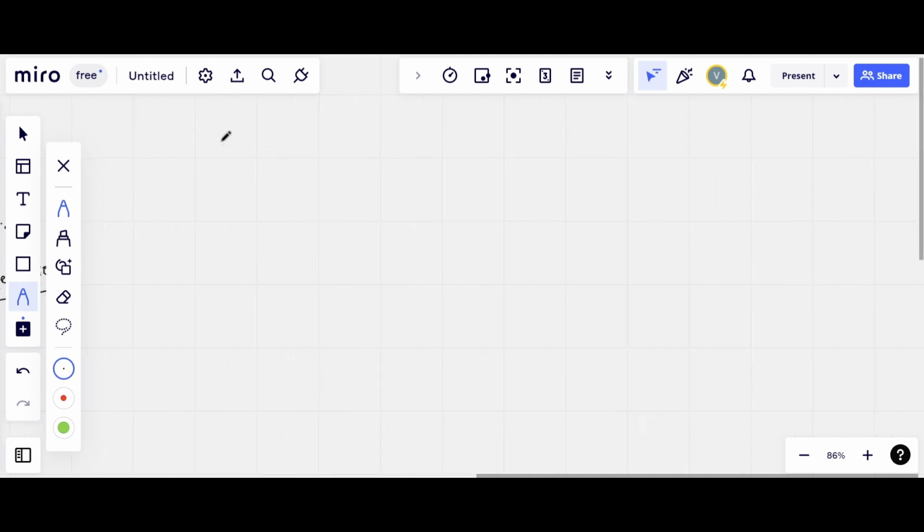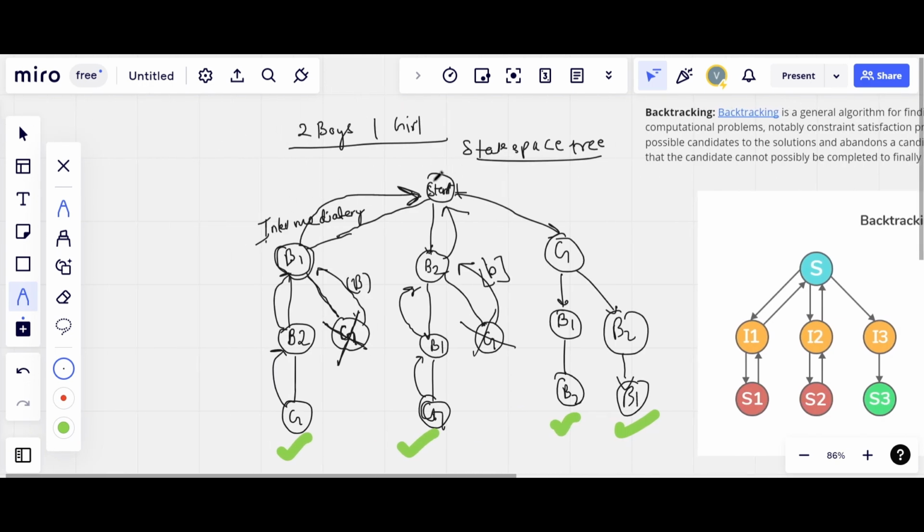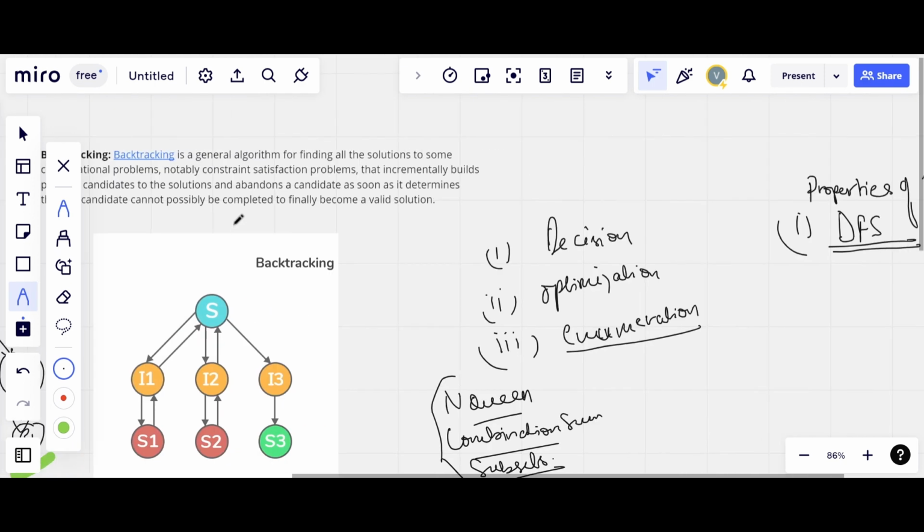So let's talk about some of the important properties of backtracking. First, backtracking usually uses DFS manner. It traverses the state space tree in a depth first search manner. That is one property.